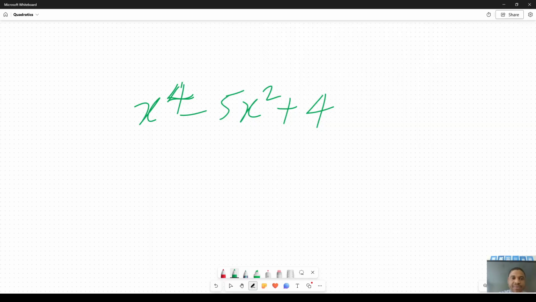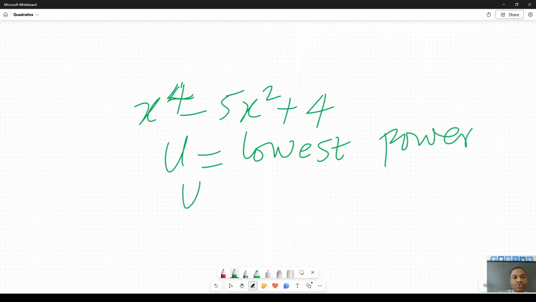Again, once the power is bigger than 2, you have to use U substitution. And how do you know? Always make U the lowest power. So U should be x squared here.